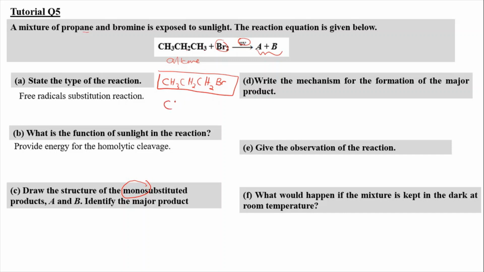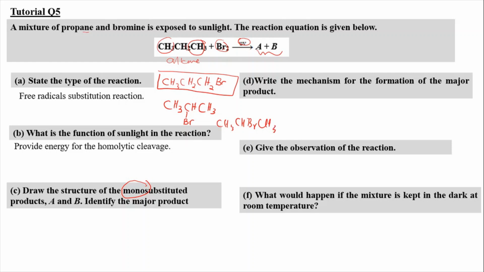Another possible product is CH3, so this is not affected, and maybe one of the hydrogens here can be changed with Br. So you can say that CH and then attach with the Br here. Okay, so if you want to put it as a condensed structure, you can also put it as CH3CHBrCH3.